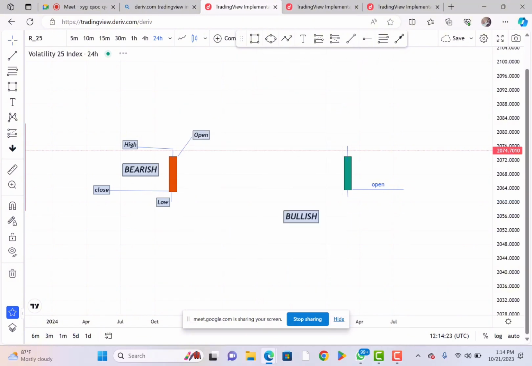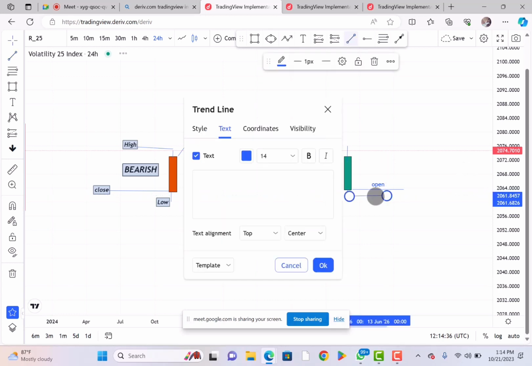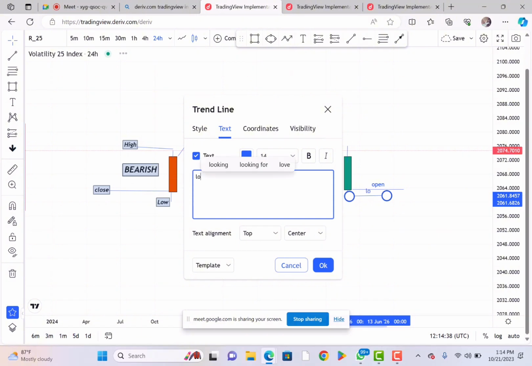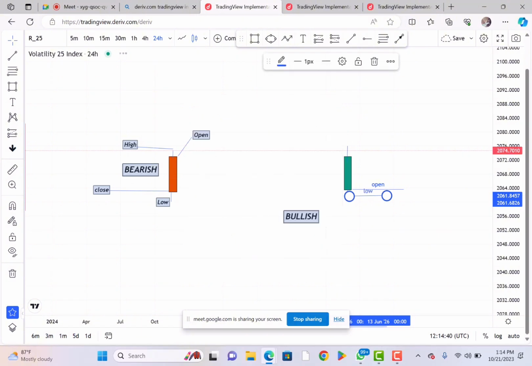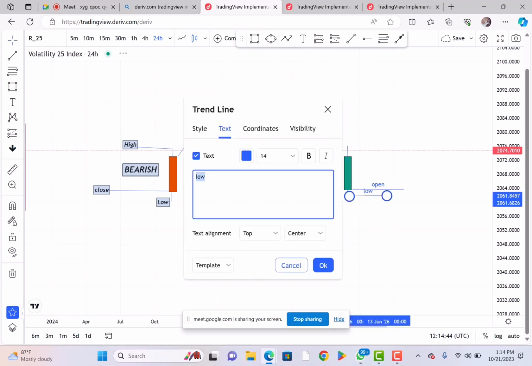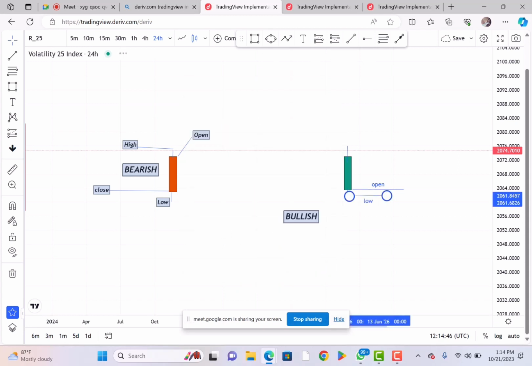We also have the low of the candle like this. Then we have the high as well.